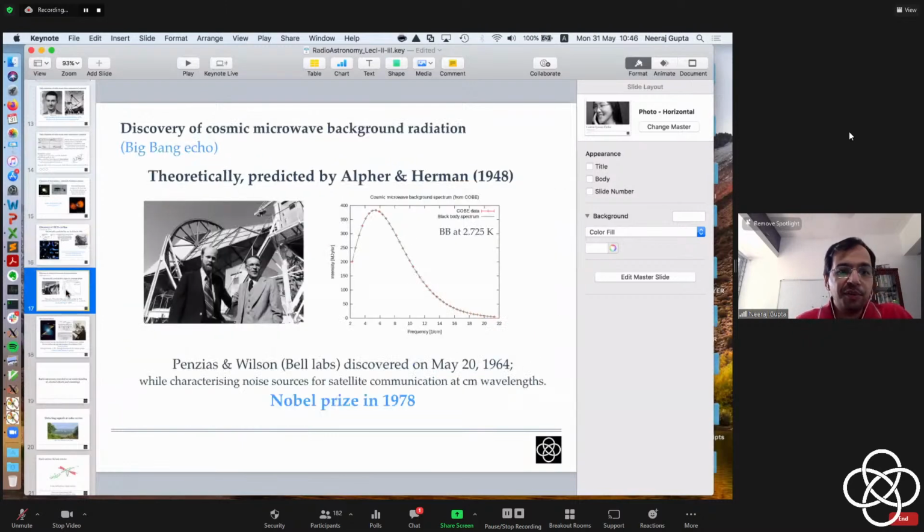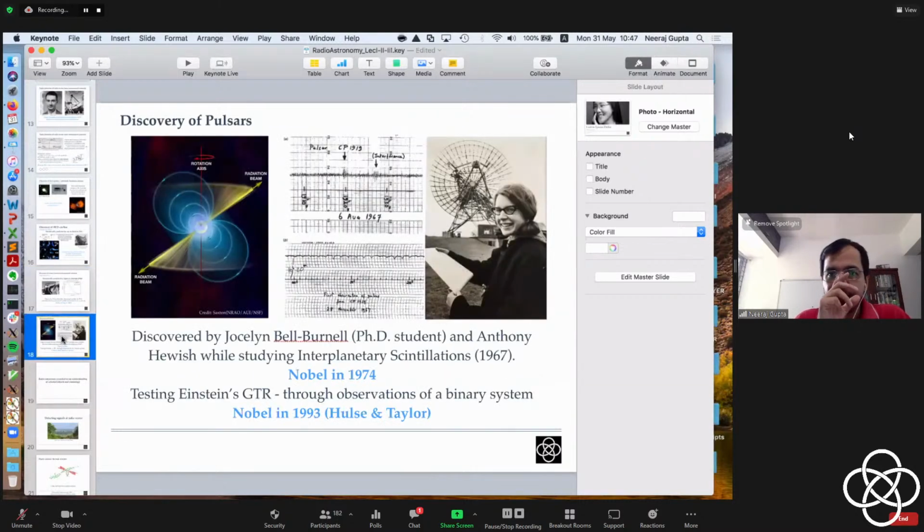And cosmic microwave background radiation, this discovery is one of the most powerful proofs in support of the Big Bang theory, that the universe started with a Big Bang, right? Very important. And then pulsars, again very unique objects in their own right, have also led to studies which have impacted our understanding of the general theory of relativity and other physical processes, right?